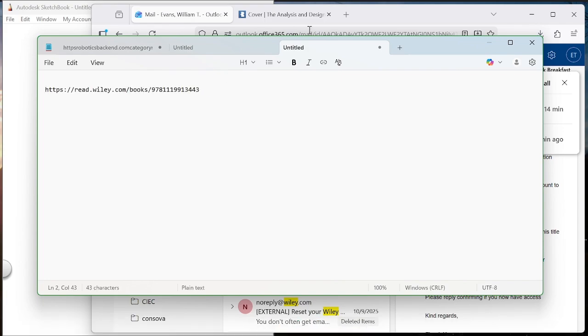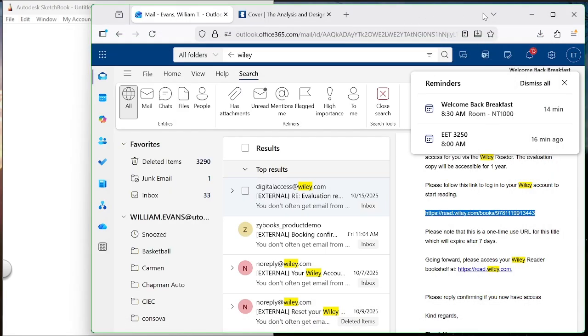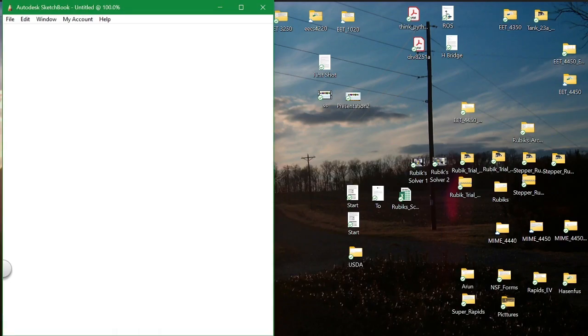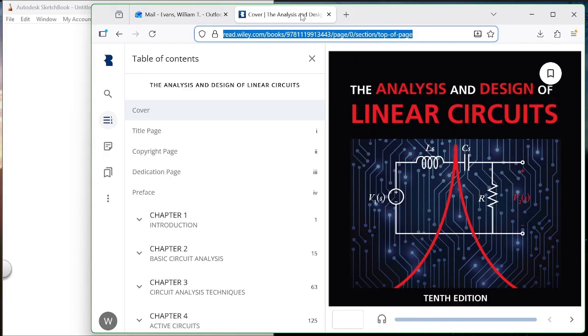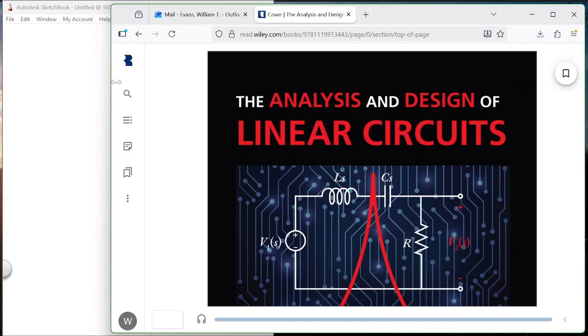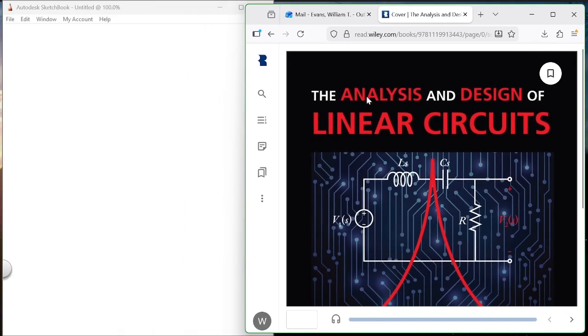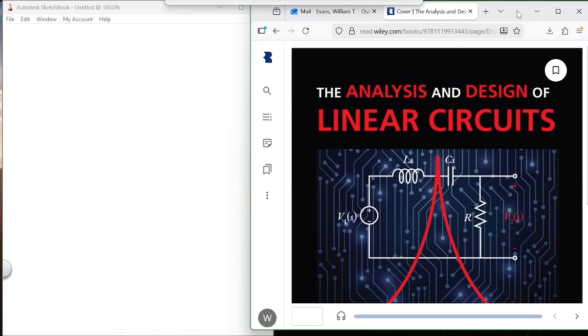All right, so I am prepared next time, and here's the cover of it. All right, so this is our book. That's what the book's like.